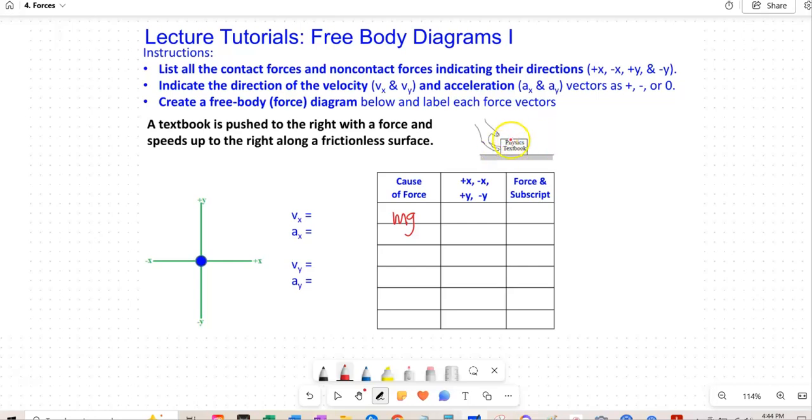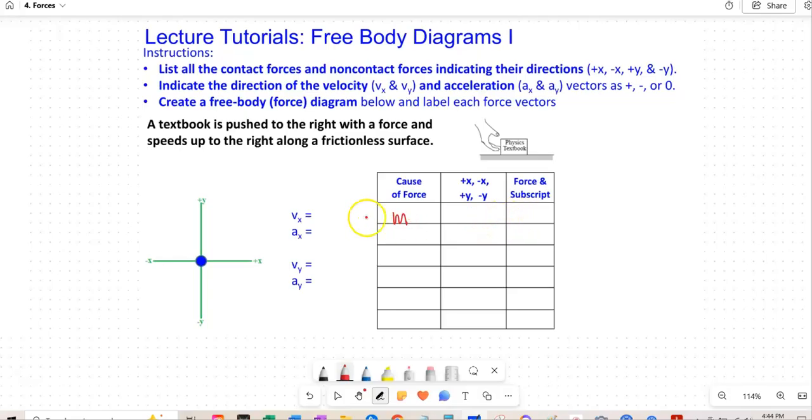So this physics textbook has a weight to it, and that's the non-contact force, mg. mg is always pointed straight down towards the bottom of the page, in this case in the negative y direction, unless your coordinate system is twisted, but we're not doing that right now. So we're going to just label this force.